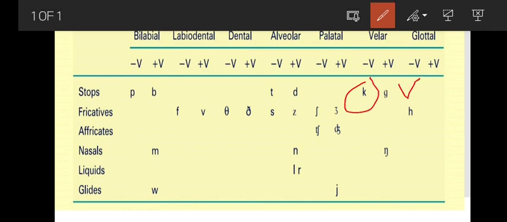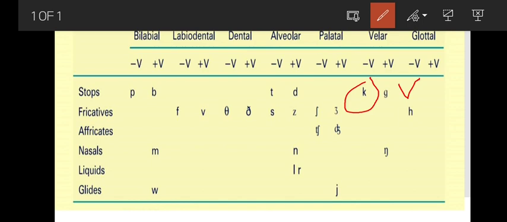When you say k, k, k, you don't feel any vibration in the vocal cords. And when you say g, g, g, you are able to feel the vibration. So that's why k is voiceless and g is voiced.